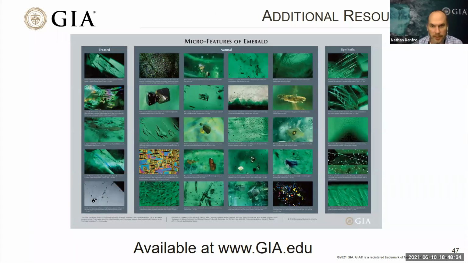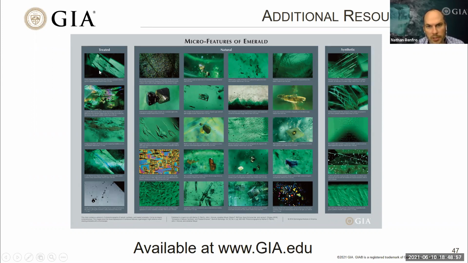Okay, and so that's basically the story of the gemology of emeralds. There are a few additional resources I'd like to introduce you to. A lot of the images that you've seen in this presentation today can be found on the GIA website, at www.gia.edu.